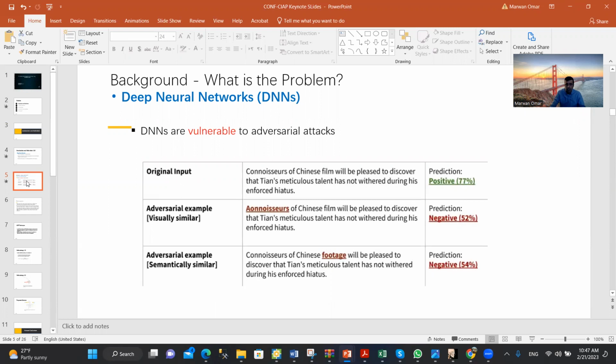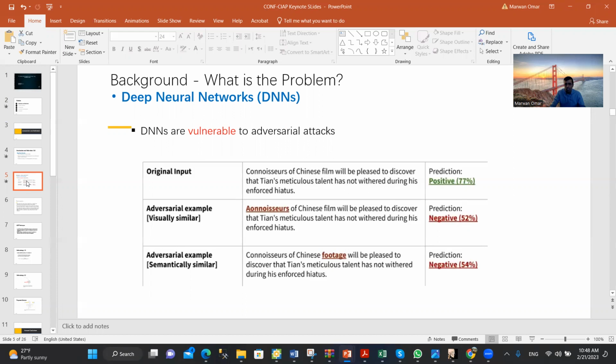Another variation of adversarial example would be the following. Rather than using the word film, we will use the word footage. They are similar to each other, so this is semantically similar. The meaning does not change. The semantic of the review shouldn't change.